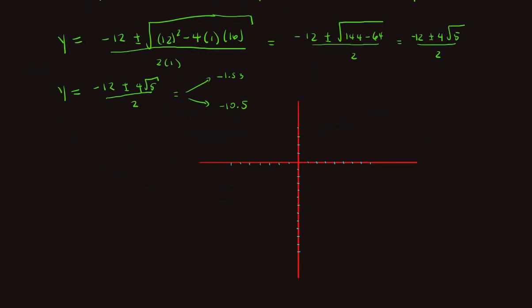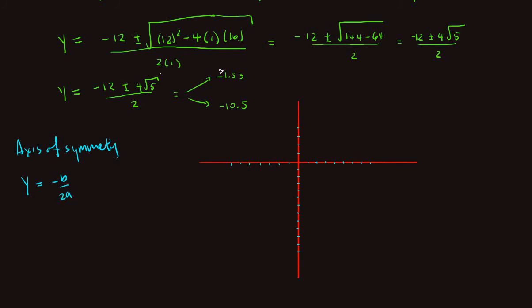Okay, now that we have more or less a graph, I should have calculated something before doing this, the axis of symmetry. Let me write here, axis of symmetry. If you remember when you're working with parabolas, the axis of symmetry is calculated like this: y is equal to minus b divided by 2a.